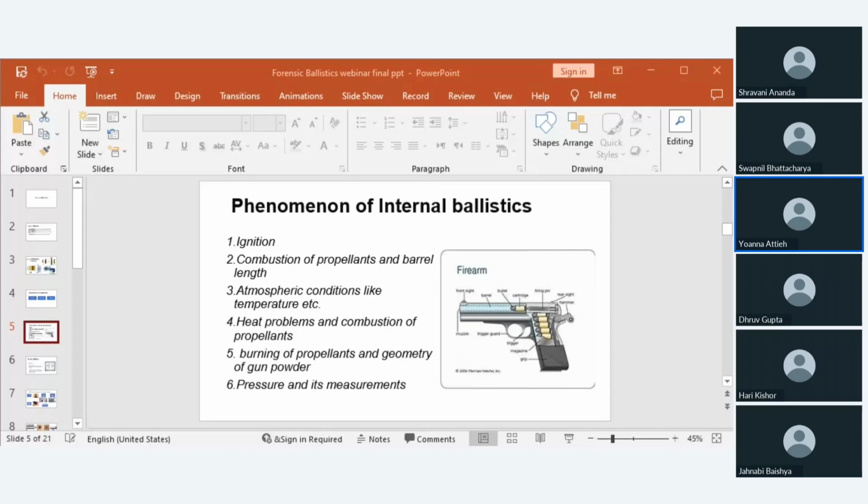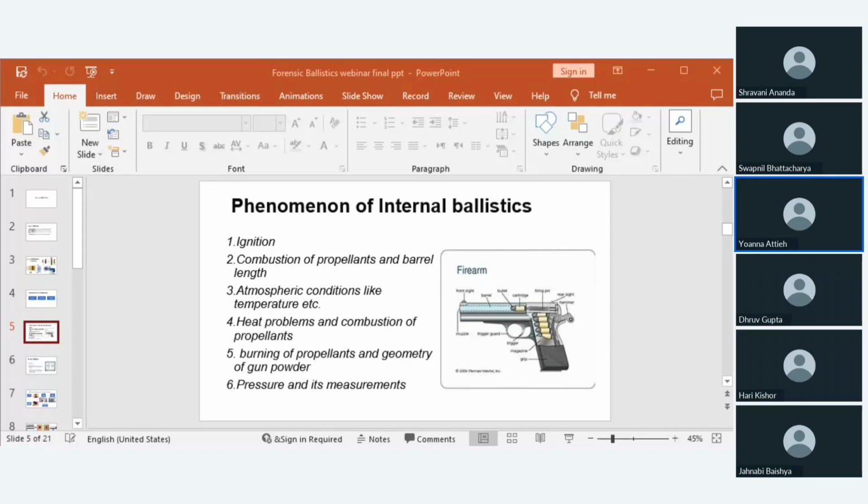Cold temperatures may slow the rate of combustion, leading to lower pressure and velocity, while a high temperature can speed up the combustion process, causing the gases to expand more quickly and increase pressure. Similarly, humidity can alter the moisture content in the propellant, which could impact its burn rate.